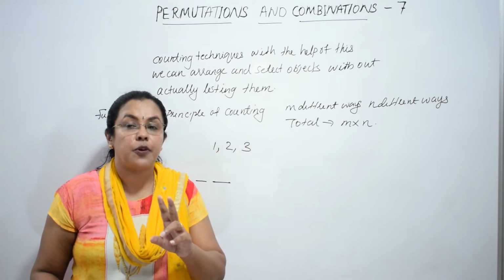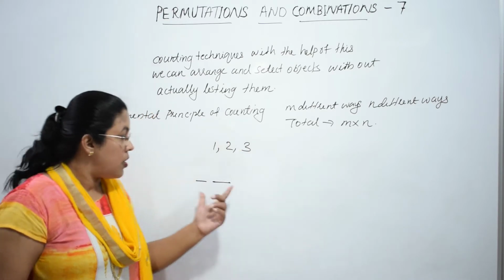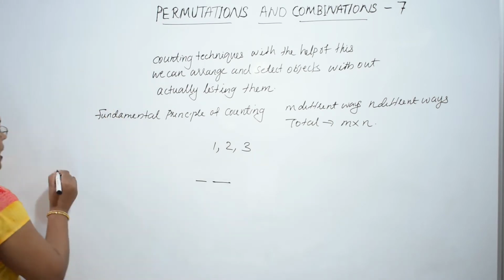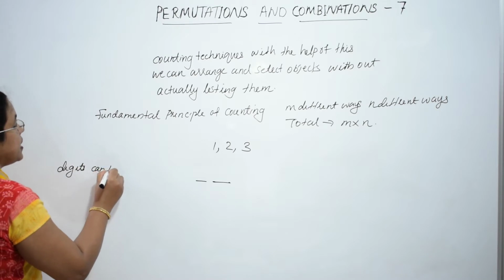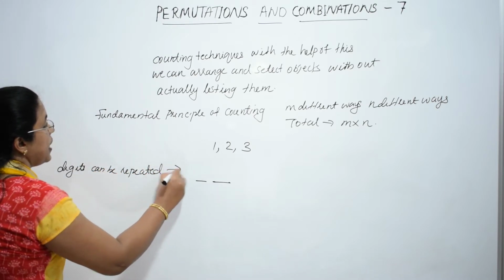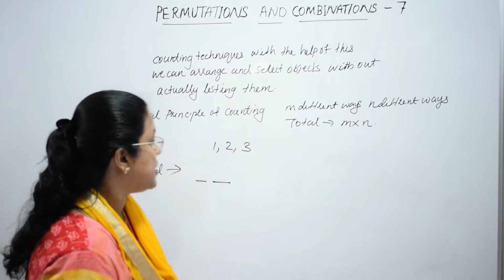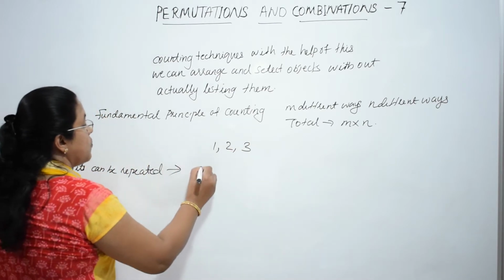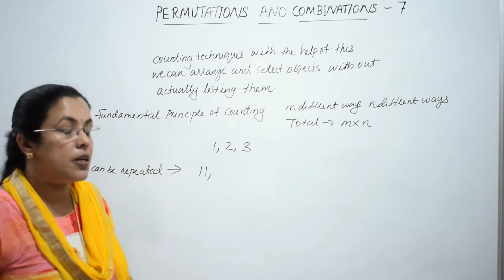Two ways we can form: with repetition, meaning digits can be repeated, or without repetition, digits cannot be repeated. If digits can be repeated, we are listing all the possible numbers here. First possibility is 1, 1 because we can repeat the digits.